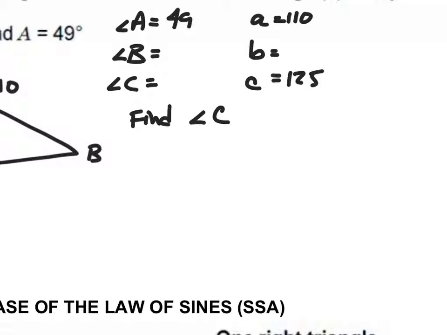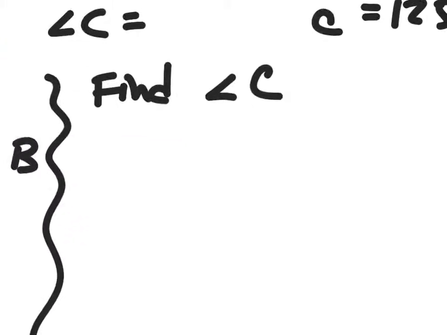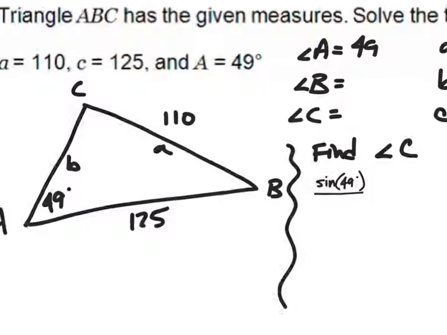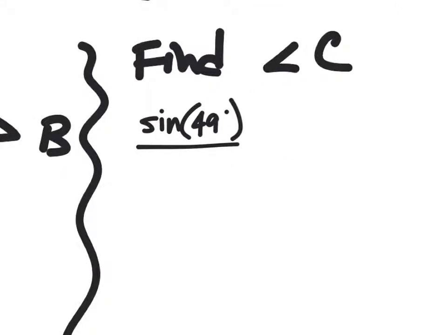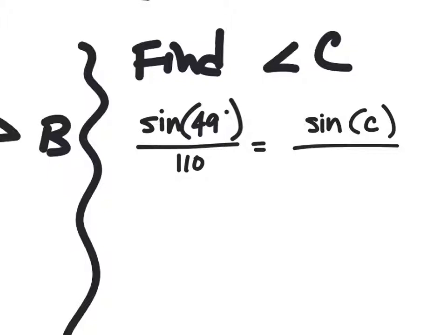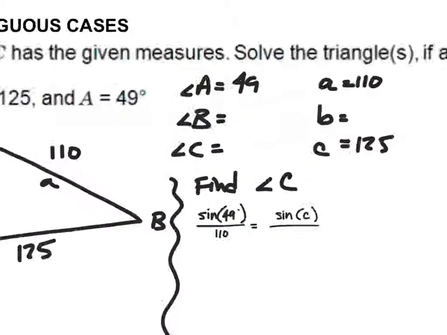All right, so to do that, and I'm going to zoom way in here. You may want to write small. I'm going to do sine of A, which is 49 degrees, divided by 110 is equal to sine of angle C divided by 125.